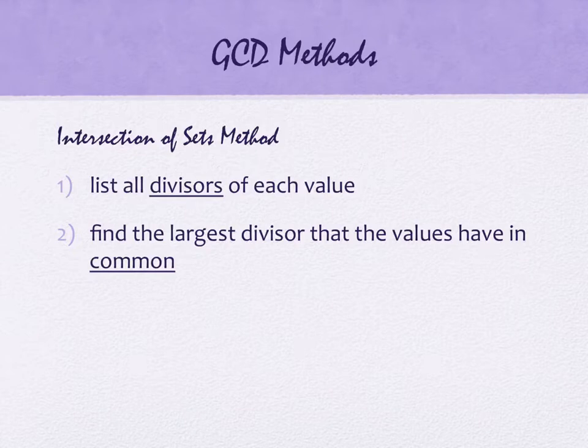In the intersection of sets method, we're making a list. That's the part that it has in common. What we're listing, though, instead of multiples, like I did in that problem, is the divisors of all of those numbers. And then we're going to pick the biggest one that they have in common.